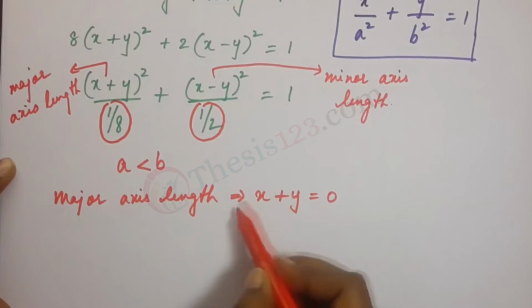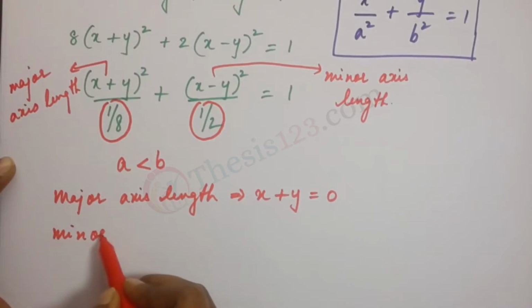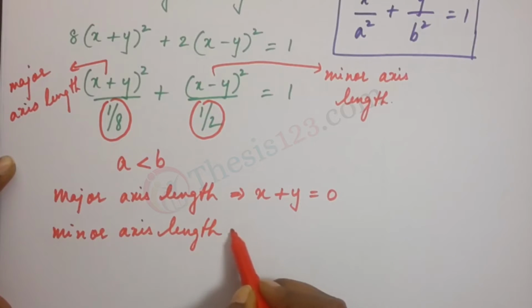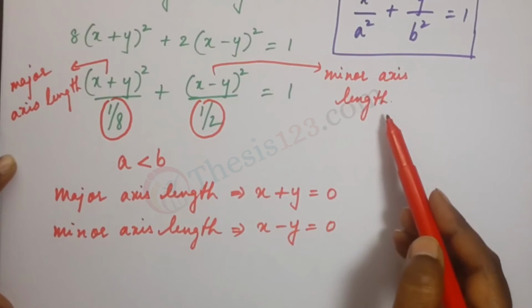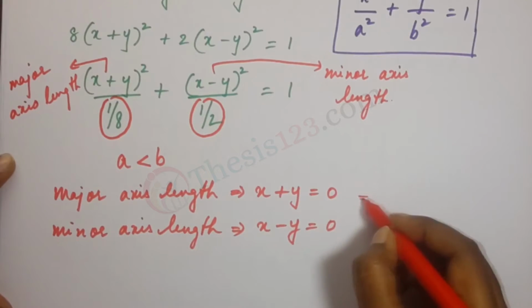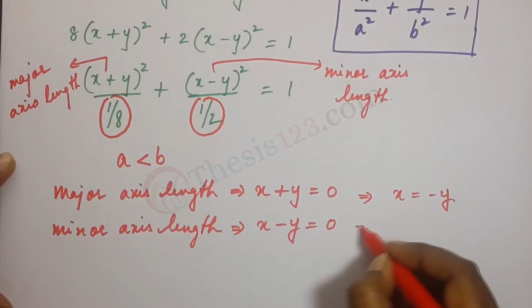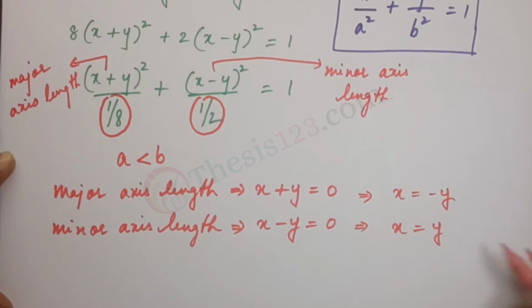The major axis lies along this and the minor axis length lies along x − y = 0. So now if we say x + y = 0, what does that give us? That gives us x = −y. And if x − y = 0, that gives us x = y.